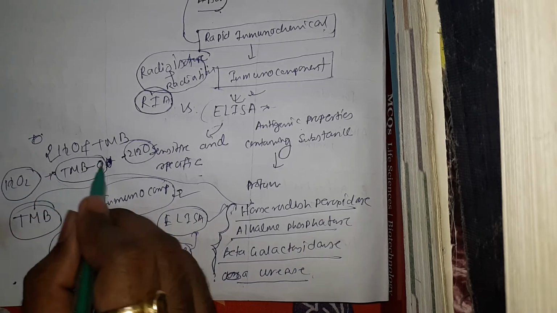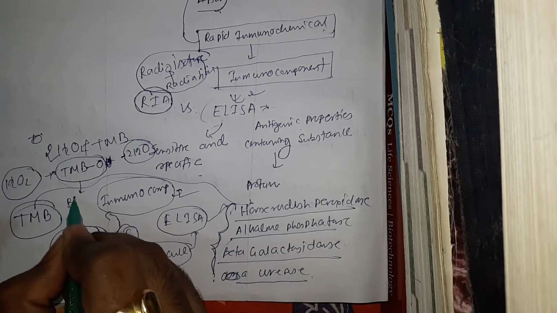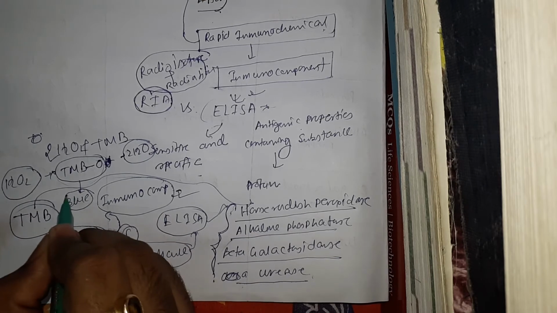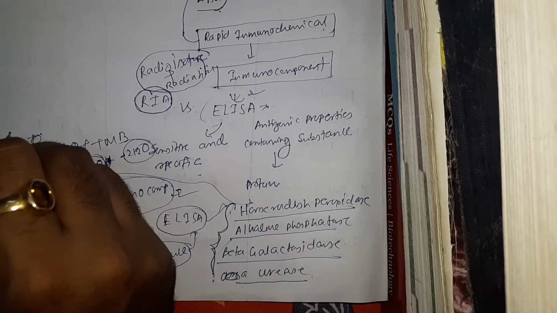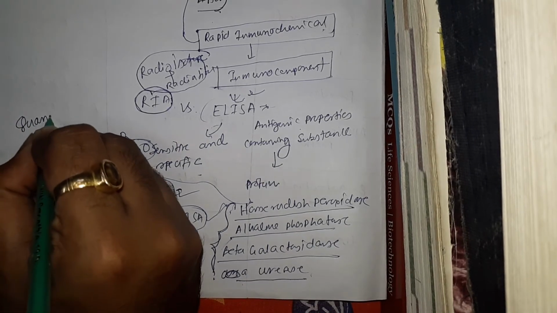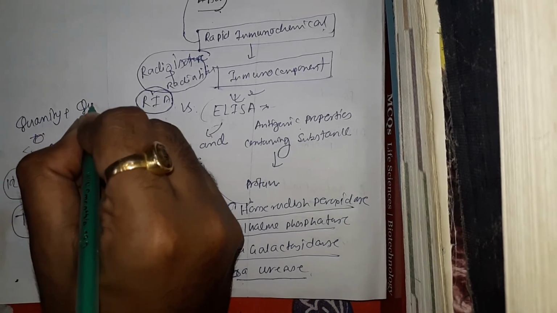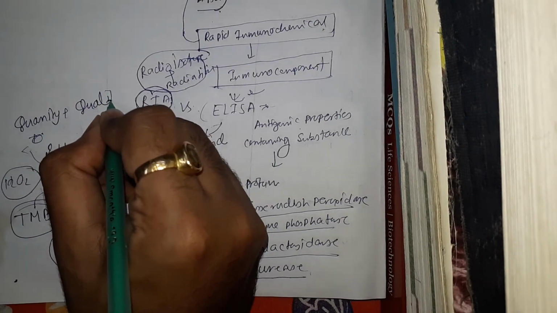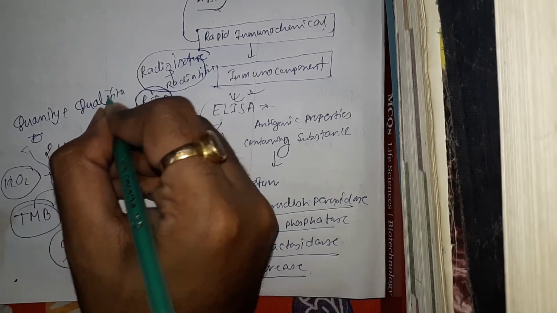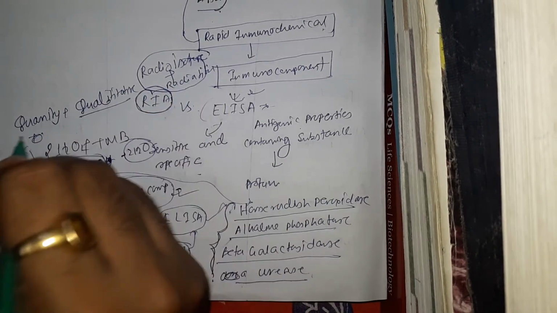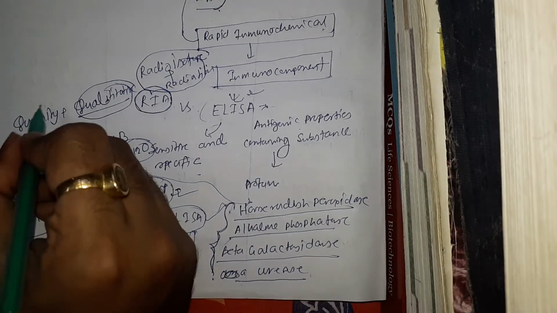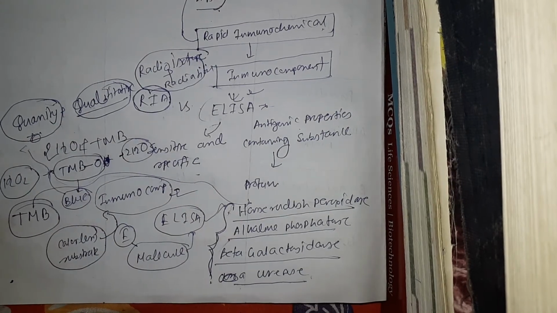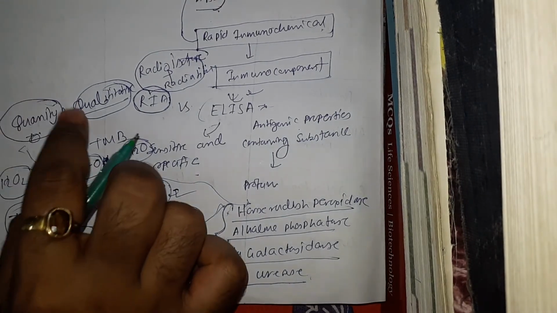Here the tetramethylbenzidine oxide gives us a blue color, and this blue color is detected by any colorimetric measure. So that we can quantify as well as qualitatively assess, that means whether our desired product is present in the sample or not, and in what amount it is present, we can determine both.